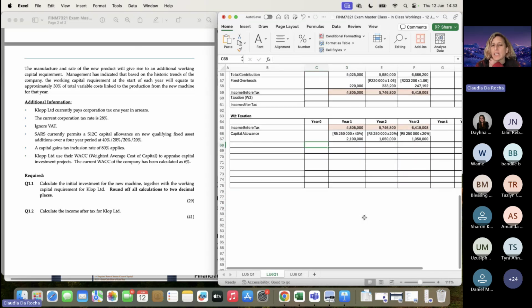Okay, so that is our capital allowance that we've calculated. It then gives us our taxable income.